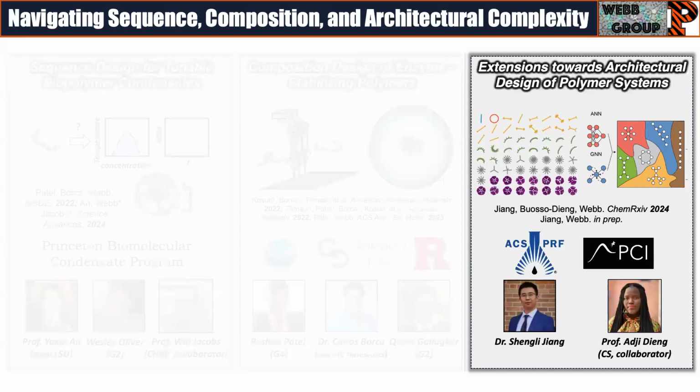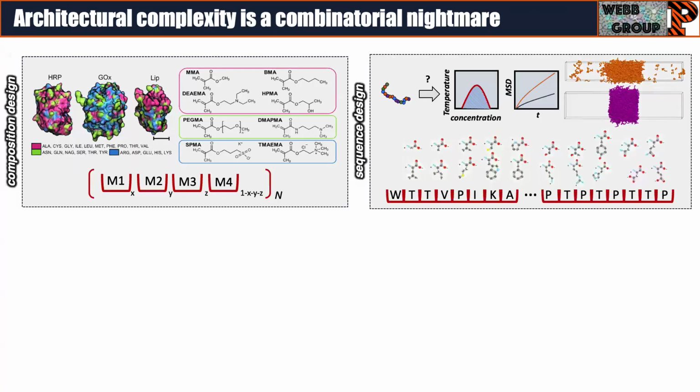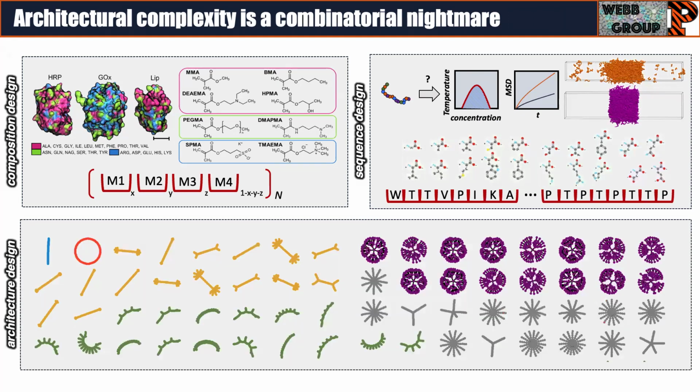Okay, so I'm running out of time here. So I'm not going to walk through, I'm going to run through just the idea of architectural complexity and hit on some of the high points. In the first two problems, what I'll say about them is that while the design spaces are large, at least I can define them.